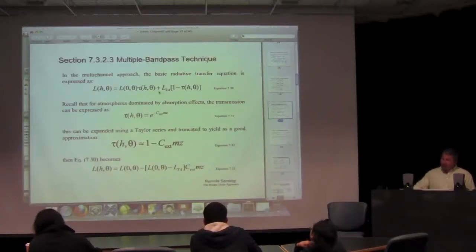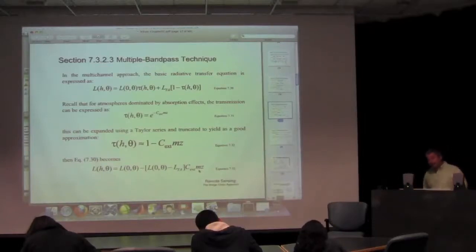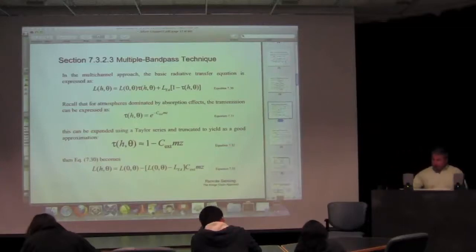If you substitute all that back up here, we get this equation down here where we have the ground leaving radiance minus the radiance due to the atmosphere, multiplied by the cross section times the number density times the path length. All right. So what do we do?